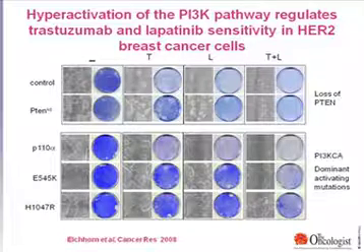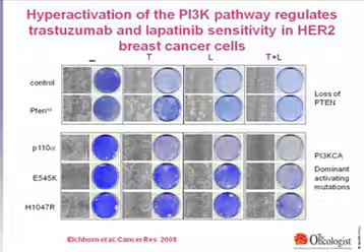And this is to show some examples of how we see this in plates. In this experiment, T means trastuzumab, L means lapatinib, T plus L means the combination of both. And you have cells with different levels of PTEN and PI3 kinase expression.